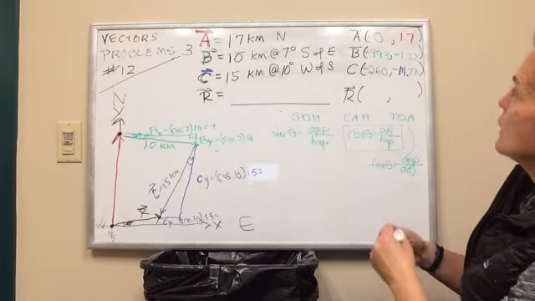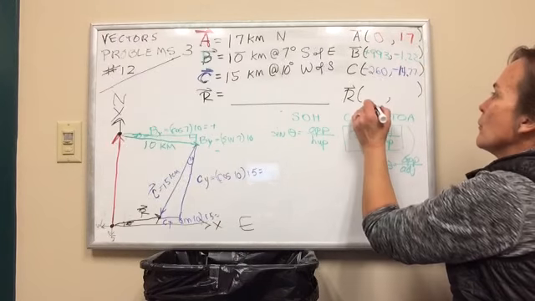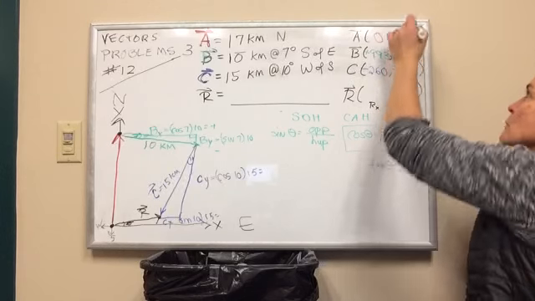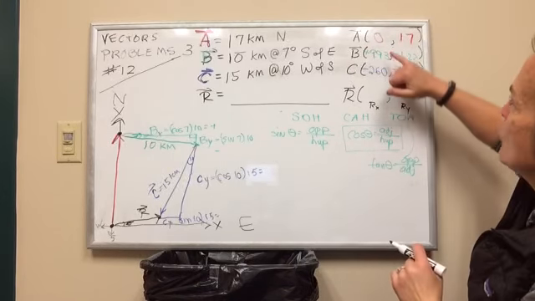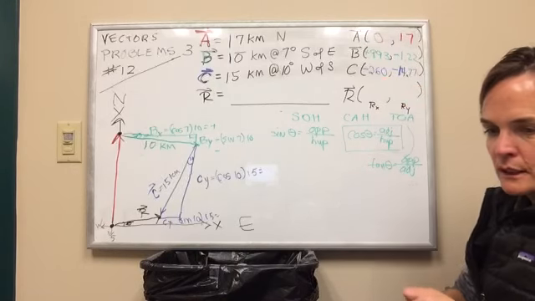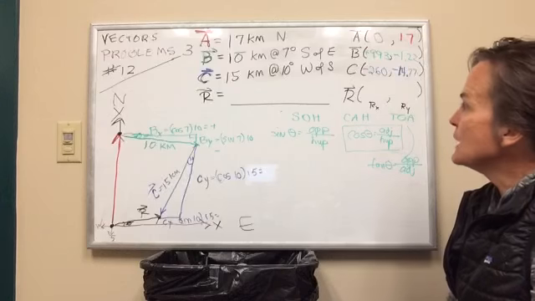We can find the r sub x portion by adding the x components, and the r sub y portion by adding the y components. If we took 0 plus 9.93 minus 2.60, you can pause and do the math. I come up with 7.33.